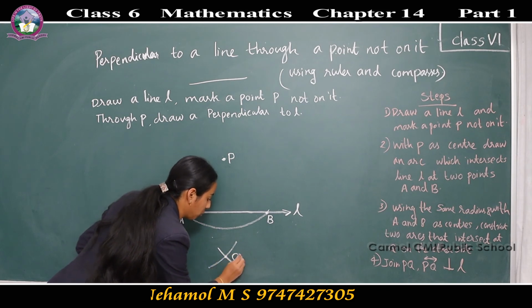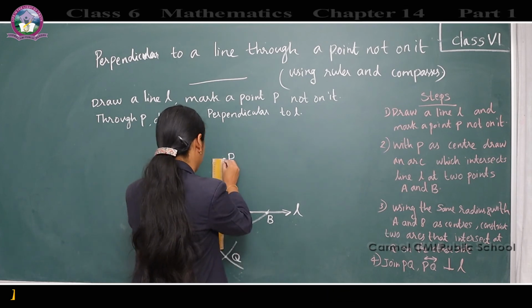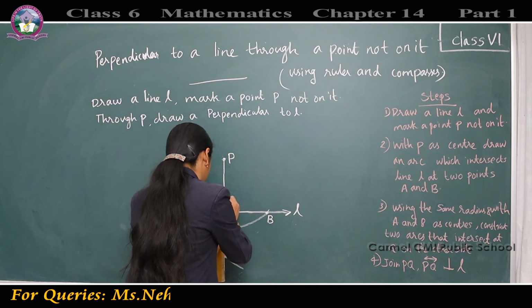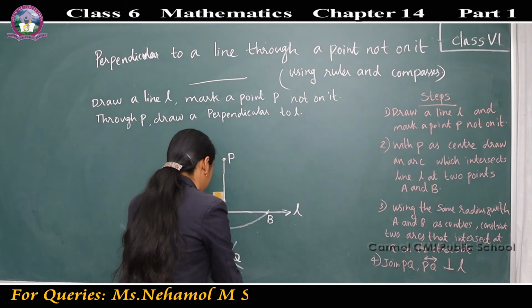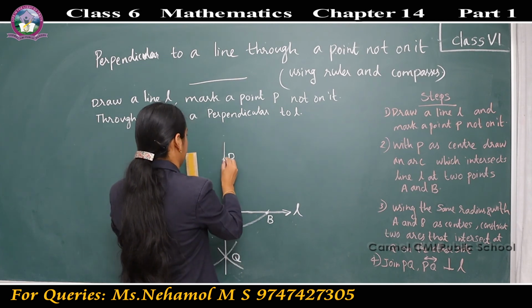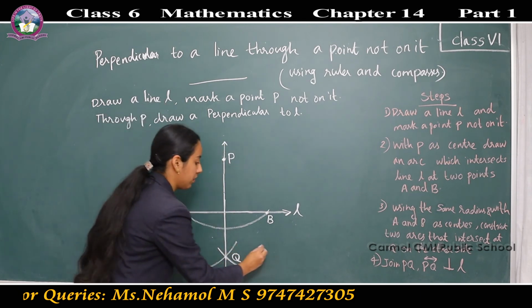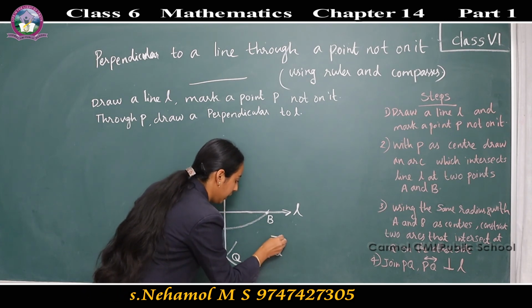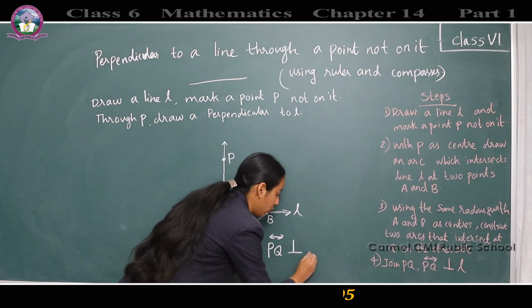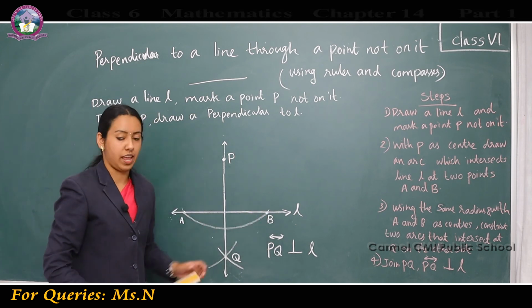Let this point be Q. Join P and Q. We can extend this line. Line PQ is perpendicular to line L.